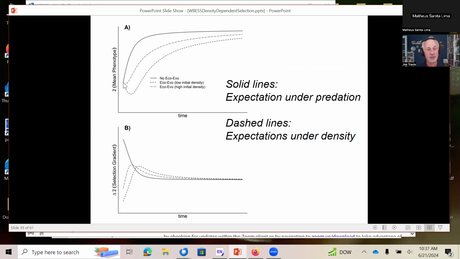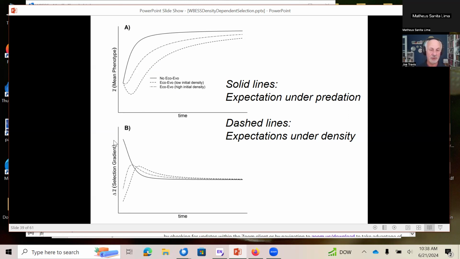The age of maturity should get larger immediately because we've alleviated predation, putting them at low density, and that's what we expect to see. The dashed lines are the expectations that there's density limitation. There should be a lag, the length of the lag depending on the initial density. These are from models described in the Resnick et al. 2019 paper in American Naturalist. There should be a lag, and we shouldn't see the age of maturity begin to increase until sometime afterward.